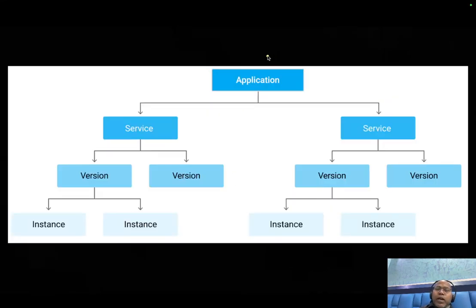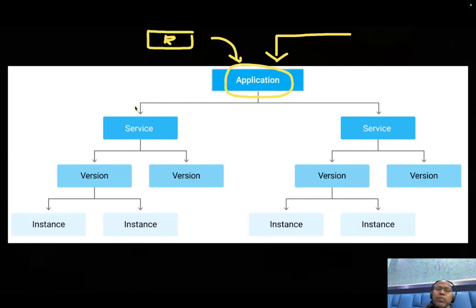This is the very high-level architecture. Generally, in one Google Cloud project, you can create one application, and while creating it you have to specify the region. Once your application is created, you can deploy any number of services in it: service 1, service 2, service 3.